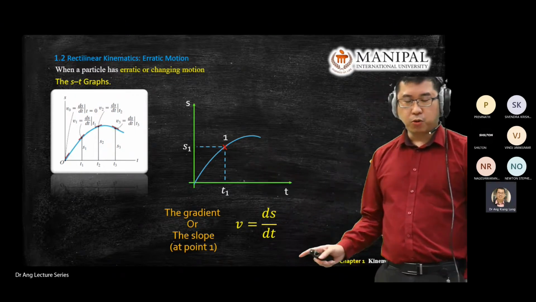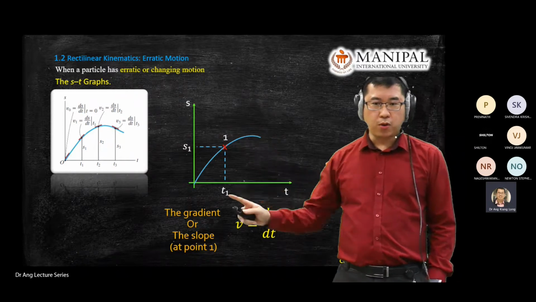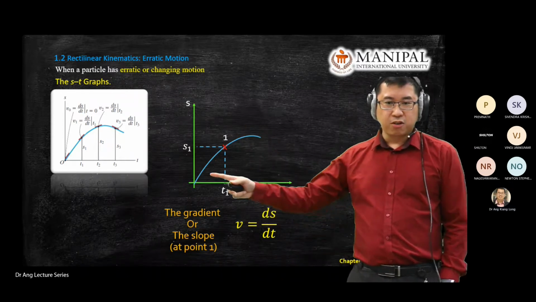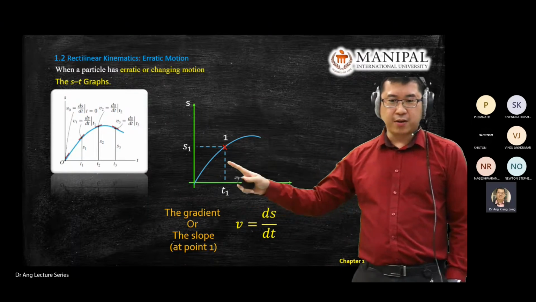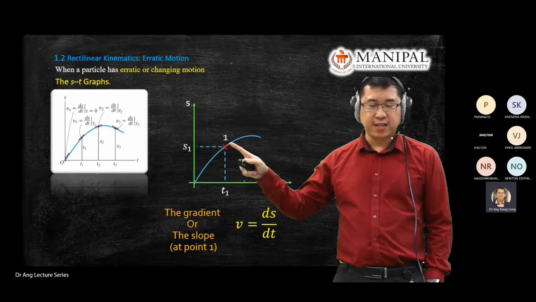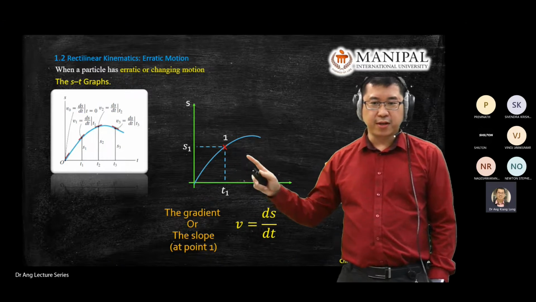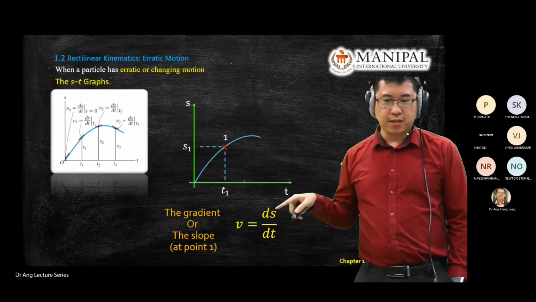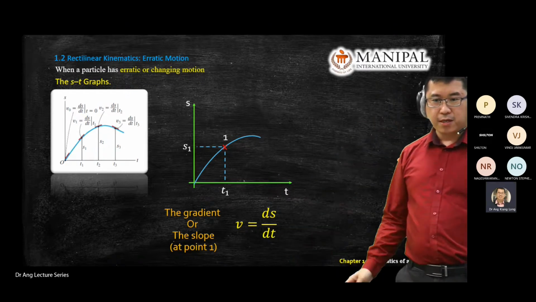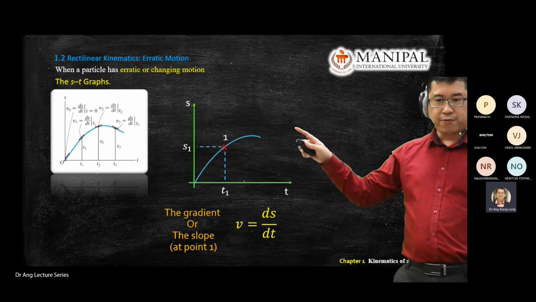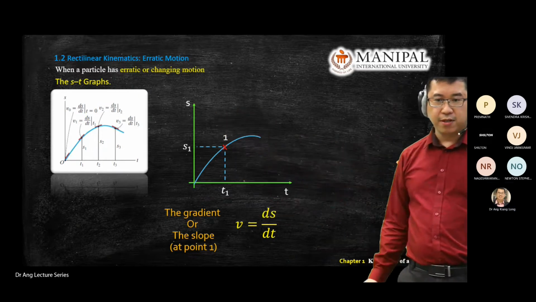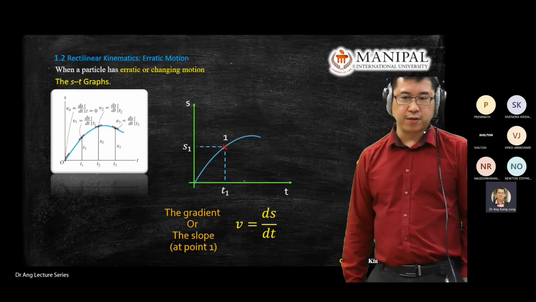At this moment, I want you to recall the S versus T quadratic equation, and how you find the differentiation at that point using the relationship ds over dt. You get velocity. In other words, the first information you extract from the S versus T graph is velocity.